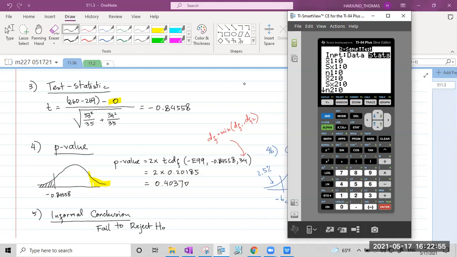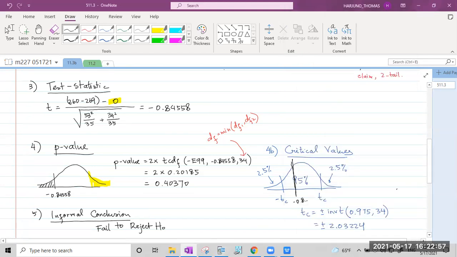So to do the calculator confirmation, you go to stat, and then test, and then you go to two-sample t-test.